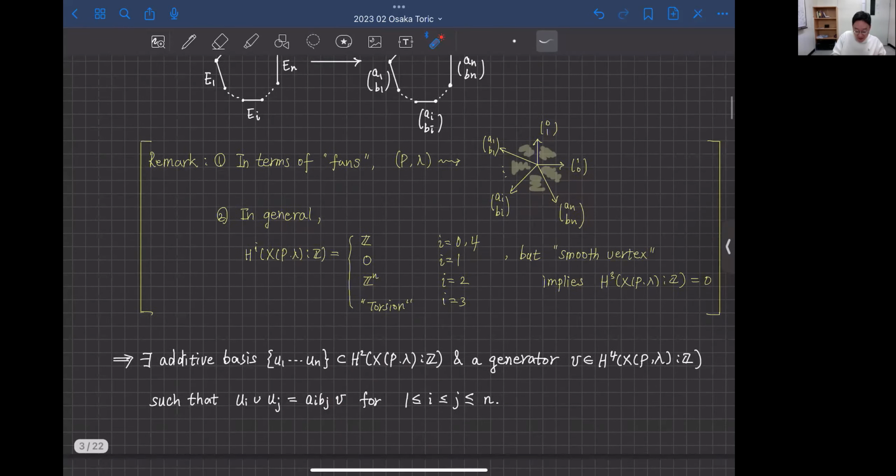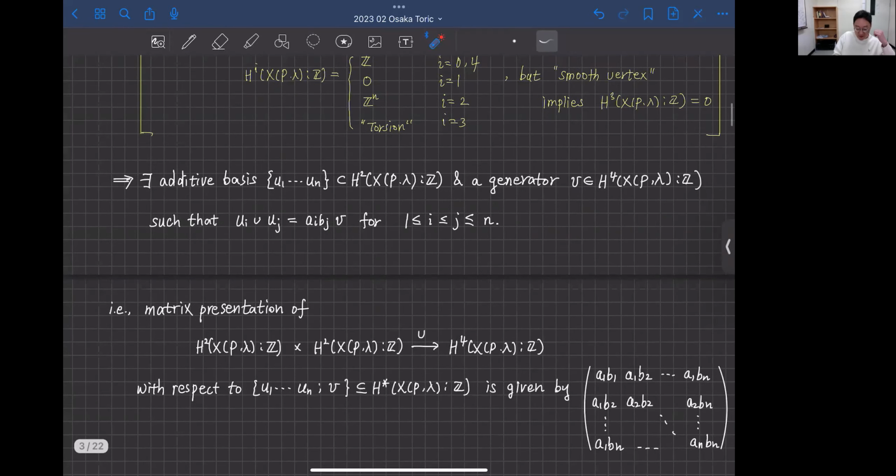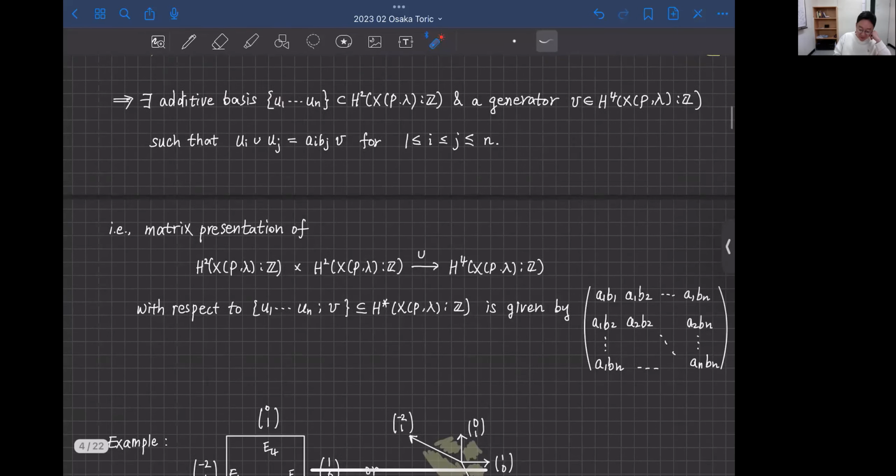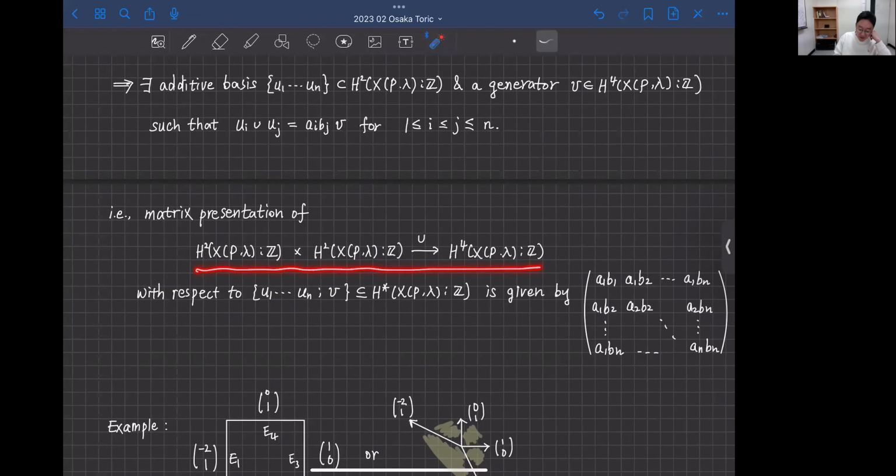So in terms of the matrix presentation, if I have this cup product map, then its representation with respect to my basis U1, ..., UN in degree 2, and V in degree 4, is given by a matrix whose diagonal elements are A1B1, A2B2, ..., ANBN, and the off-diagonal entries are A1B2, ..., A1BN, and this is a symmetric matrix.